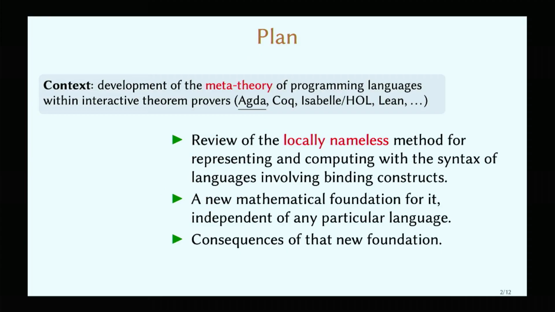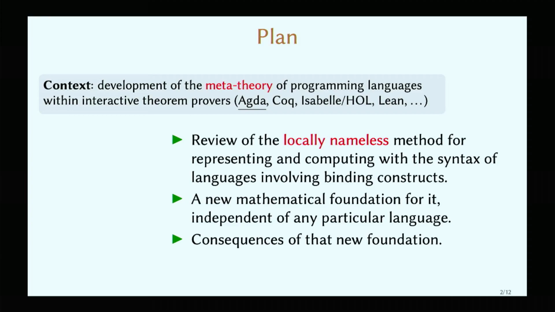What I'm going to tell you about, the context of it, is the enterprise of using interactive theorem provers to prove properties of whole programming languages rather than of particular programs. In other words, proving meta-theoretic properties of languages.